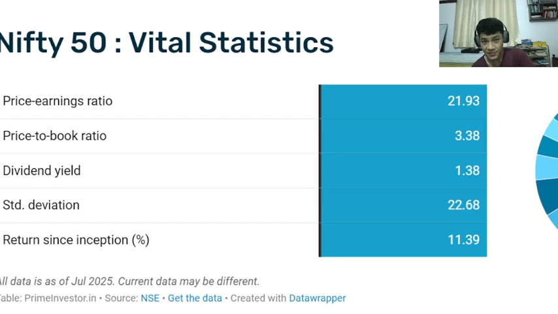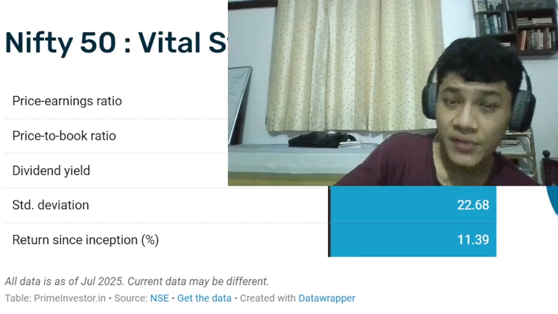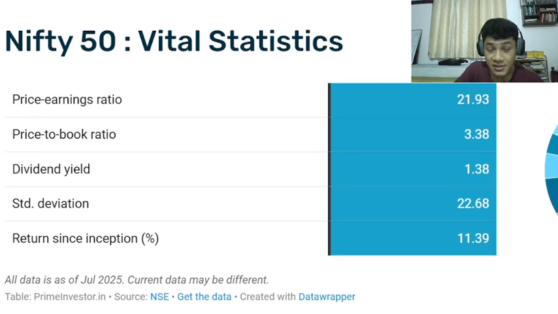So as of July 2025, the average price to earnings ratio of the companies in the Nifty 50 is 21.93. The price to book ratio is 3.33. So the average per share price of a company in Nifty 50 is 3.3 times the average book value.